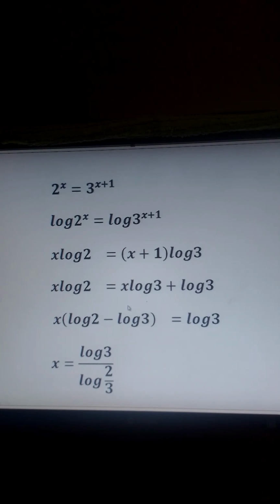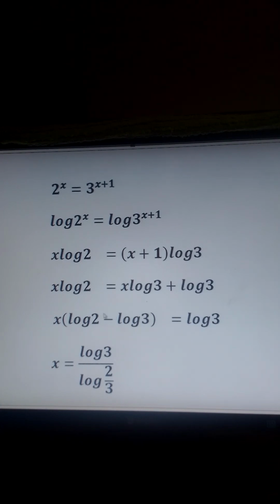Next, we collect the like terms. x log 2 minus x log 3. That's what we do. We subtract this term from both sides, is equal to log 3. Alright? So when you subtract this x log 3 from this side, then you factorize. So it is x times log 2 minus log 3, is equal to that.